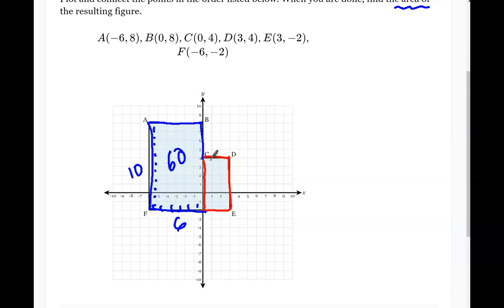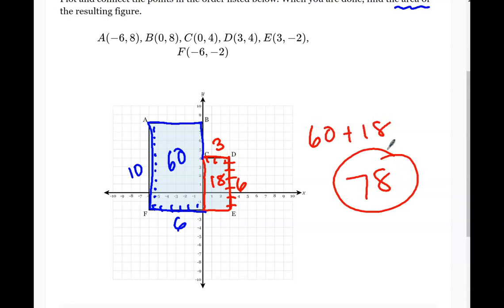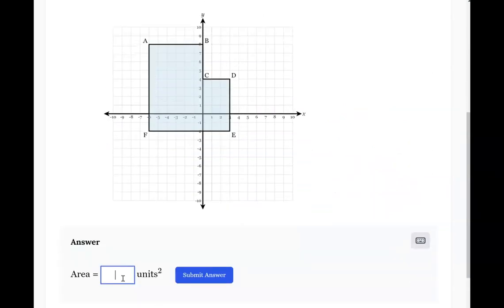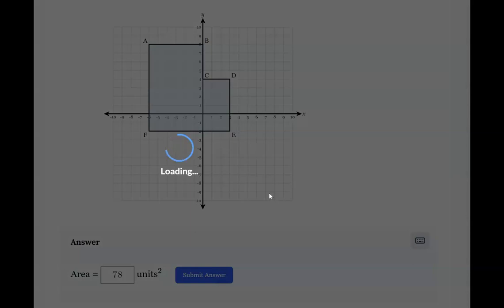And my red rectangle has a length of 3 and a width of 1, 2, 3, 4, 5, 6. 3 times 6 is 18. So 60 plus 18 is 78. The area of the whole shape combined is 78. So they're going to write units squared for you. You simply put the measurement here.